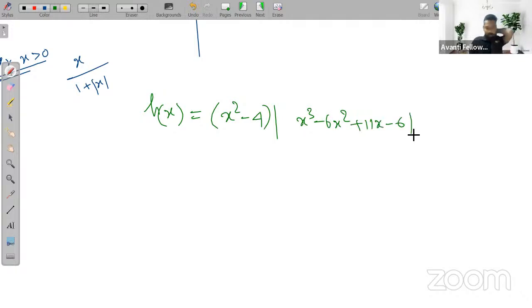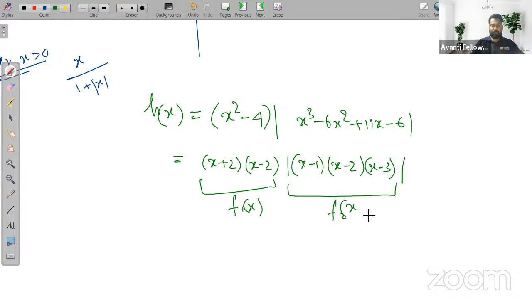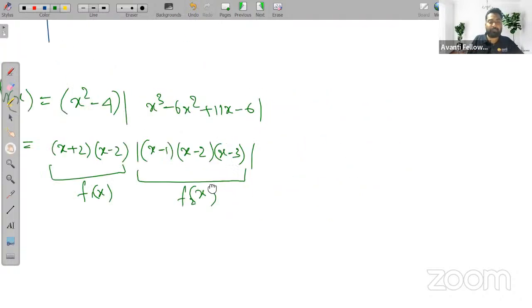If we factorize or split the terms of these expressions, it will be x plus 2 into x minus 2 into mod of x minus 1 into x minus 2 into x minus 3. If you try to split, you will get this. Suppose I take this function as f1 of x and this function as f2 of x. Now try to draw the graph of this function.